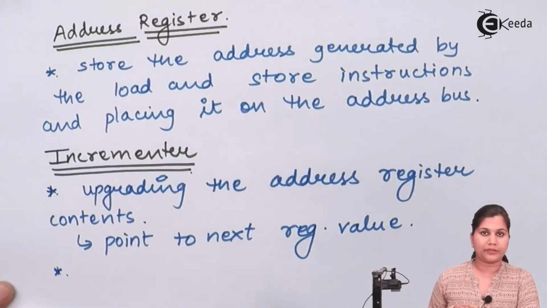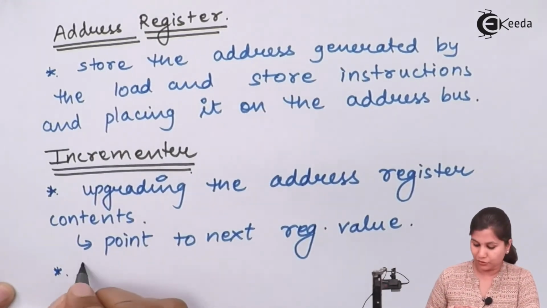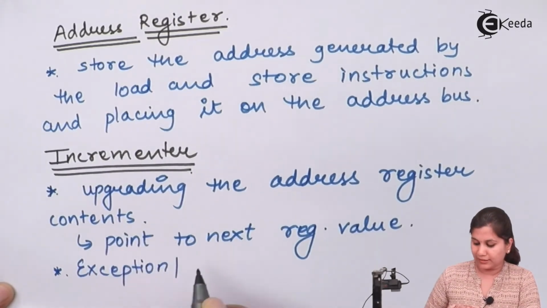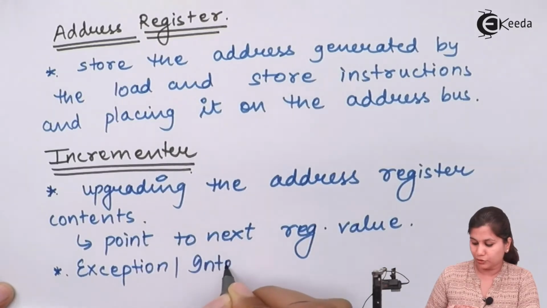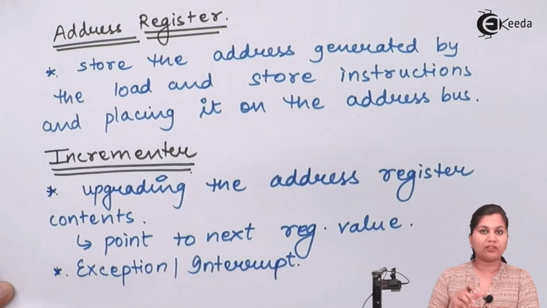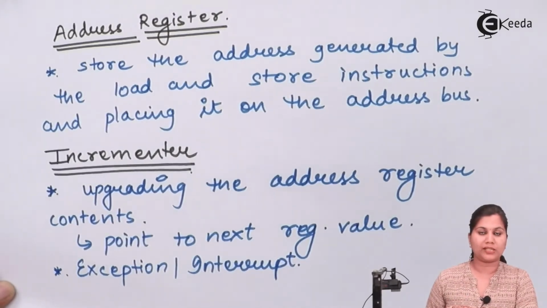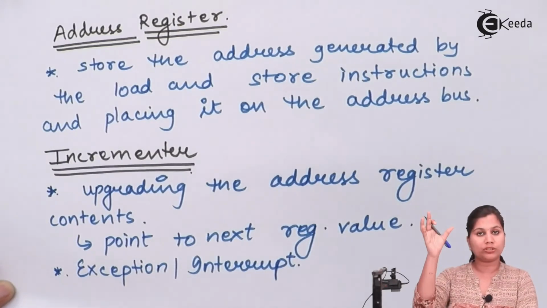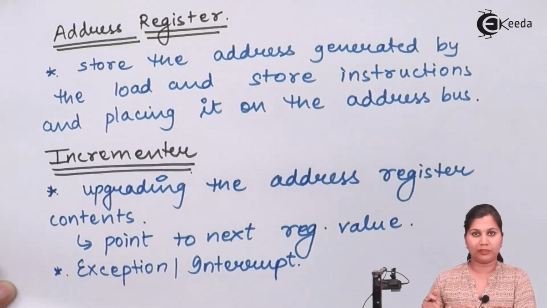Now in the processor there are exceptions or interrupts. So in the case of exceptions and interrupts, there is a need to change the memory location. Okay, because whenever any interrupt is given to the processor, it jumps to some other memory location and then executes the program which is written at that memory location.